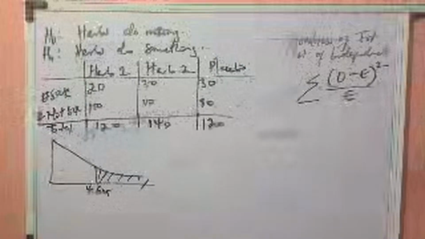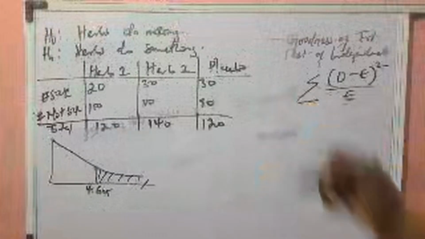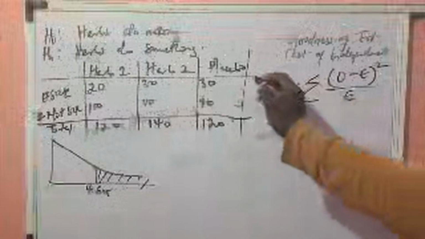You can see that it's that easy. I believe everybody can do that. So you've done the total for each of the columns. The total for column 1 was 120, column 2 was 140, column 3 was 120. All right. Now, you need to do the total of the rows also.